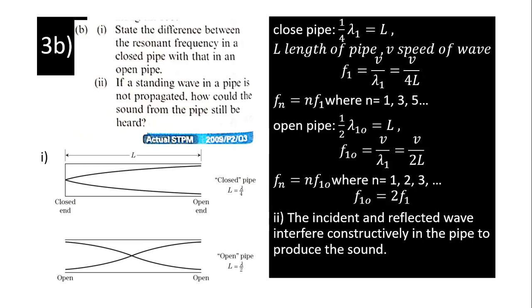The incident and reflected waves interfere constructively in the pipe to produce a sound. So when the sound is produced, the sound moves out. The sound that is produced by the standing wave is the one that is moving out. That's why you hear it, not the original waveform.